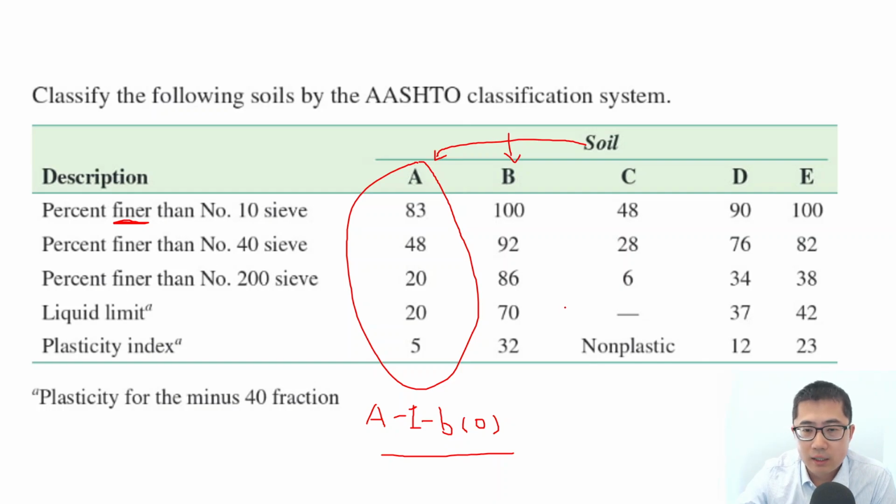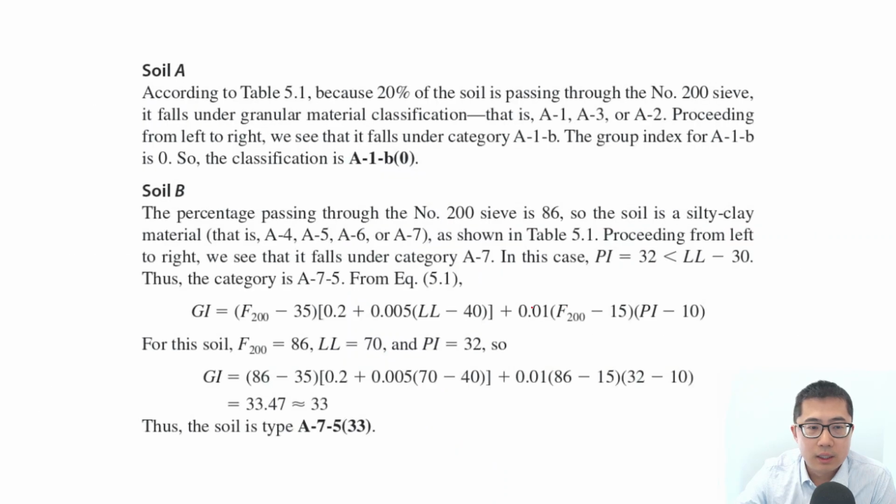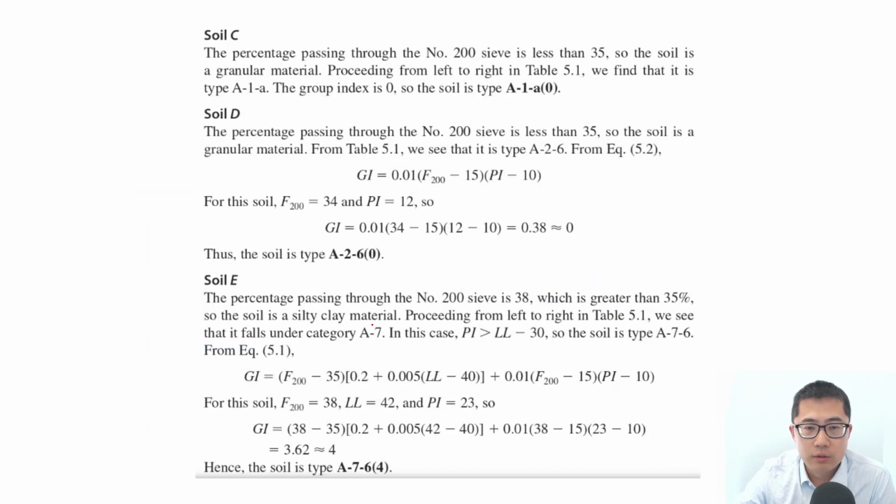Practice that a little bit, and I have all the answers for you. For some of them, for example soil B, you do need to check the group index. So do that on your own, and then compare your answers with the answer key over here. And you should be good to go.